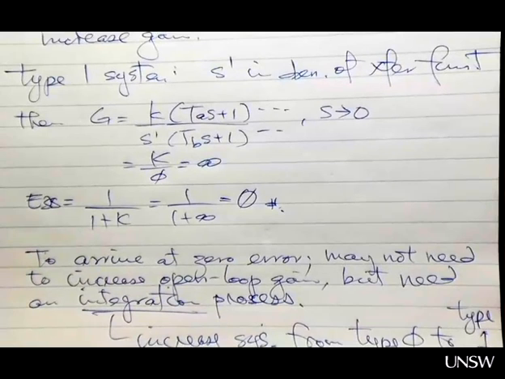Okay. So at least we can see that if we want to reduce the error, there are two approaches that we can take, right? First of all, we can increase the gain. And if we do not want to increase the gain, then we can put an integration action or integration process into the controller. The reason why we do not want to increase the gain is that if the gain is too high, we have to pump a large amount of energy to drive the system.